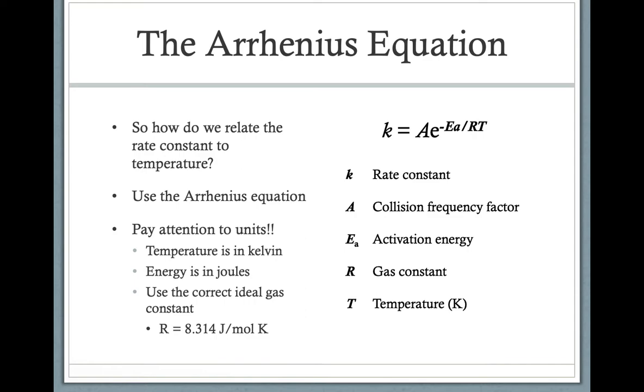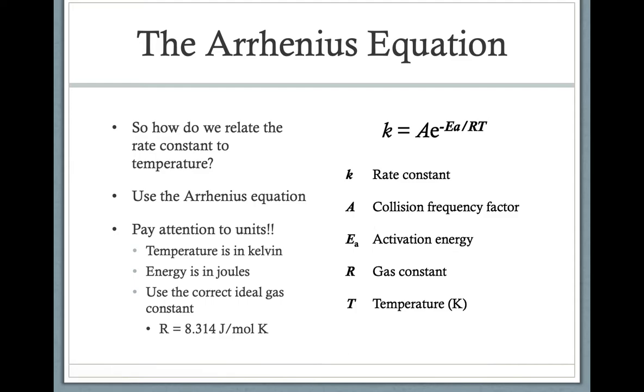If you have two molecules that are chain-like structures, if they hit each other head-on, they might react. But if they hit each other side-on, with the long chains slapping against each other, they might not react. So there's an orientation factor to those collisions as well, and that's what this collision frequency factor is accounting for in that equation.